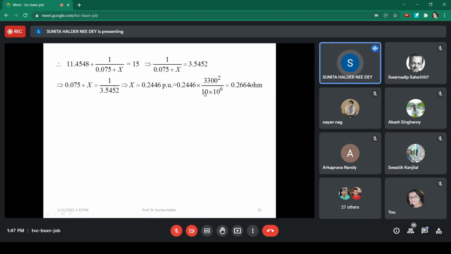From there we can calculate what will be the value of reactance, and using the base impedance, we can calculate the actual value in ohm. From there we can also calculate what will be the value of the inductor, right? So in this way, using a current limiting reactor, we can limit the fault current, right? Have you understood?